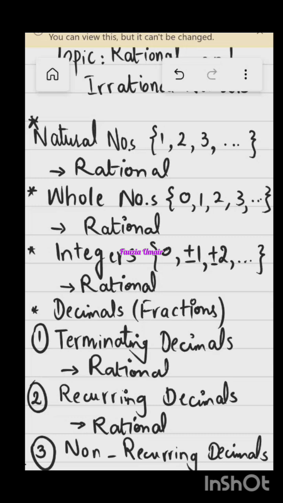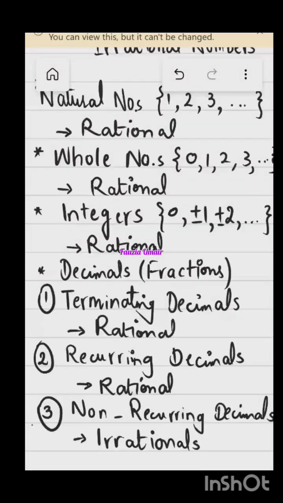Okay? There is no repetition. So they are irrational numbers. You need to remember that. So of all the types of numbers we have studied so far, the only irrational numbers are non-recurring decimals. All right? So now moving forward to the next group.